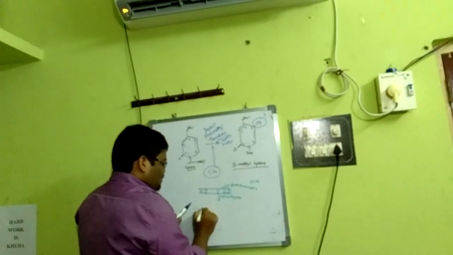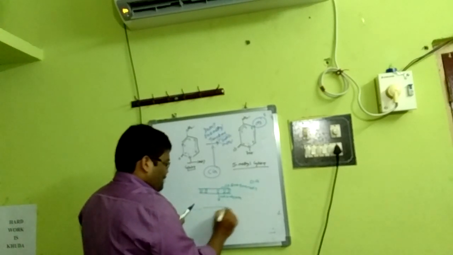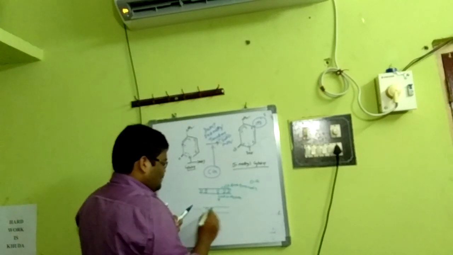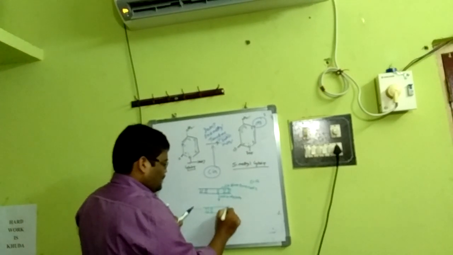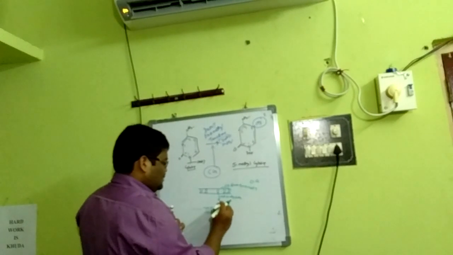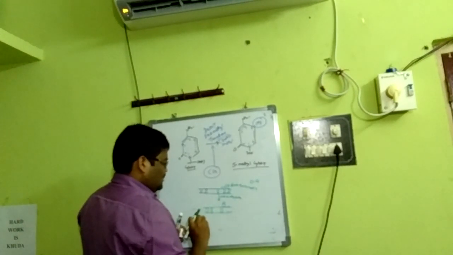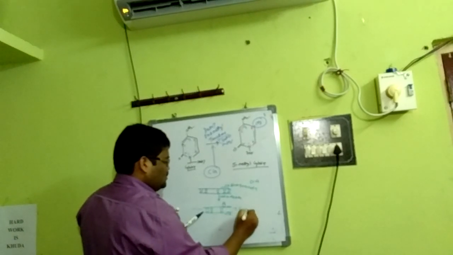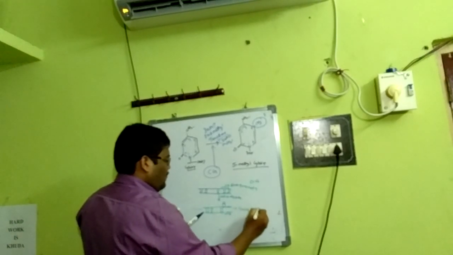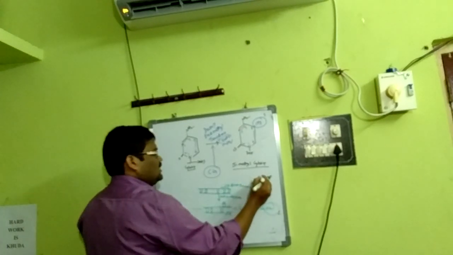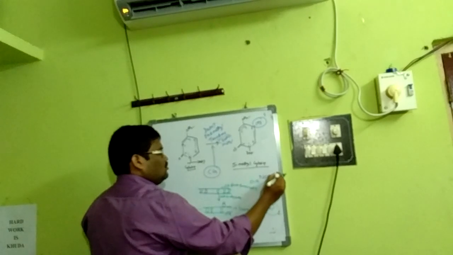That leads to gene expression. The DNA binding proteins will come, the RNA polymerase will set, and then gene expression proceeds. Here there is no methylation, no methyl group.